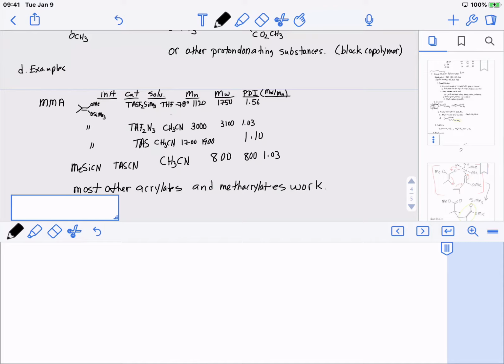I should also point out that some people have suggested that rather than the label of group transfer polymerization, although that has stuck, others have wanted to call that a Michael insertion polymerization.